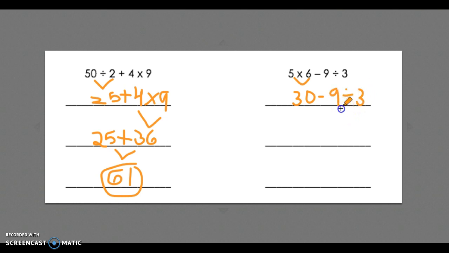Because I still have division in the problem, I'm going to solve for that next. 9 divided by 3 is 3. I'm going to rewrite my problem. 30 minus 3 is 27. Again, I'm going to circle my answer to show that it's complete.